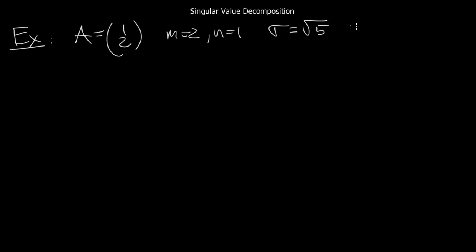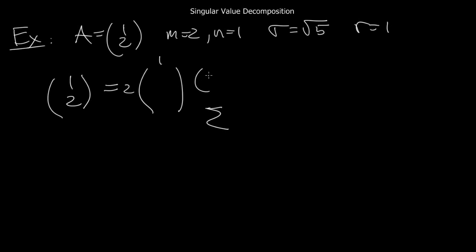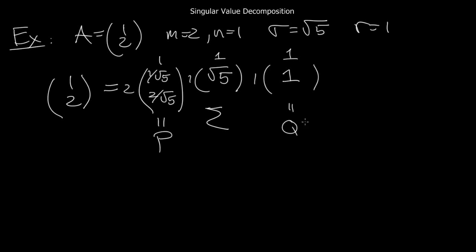So we want to write 1, 2 as M by R, which is 2 by 1, times sigma, which is 1 by 1, times Q transpose, which is R by N, which is 1 by 1. So now the 1 goes over here, and now the other guy goes over here. And so now you've just switched the role of P and Q transpose.